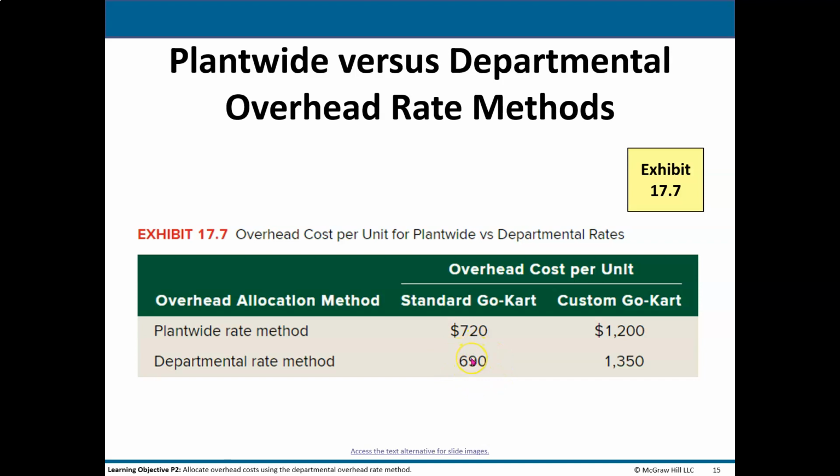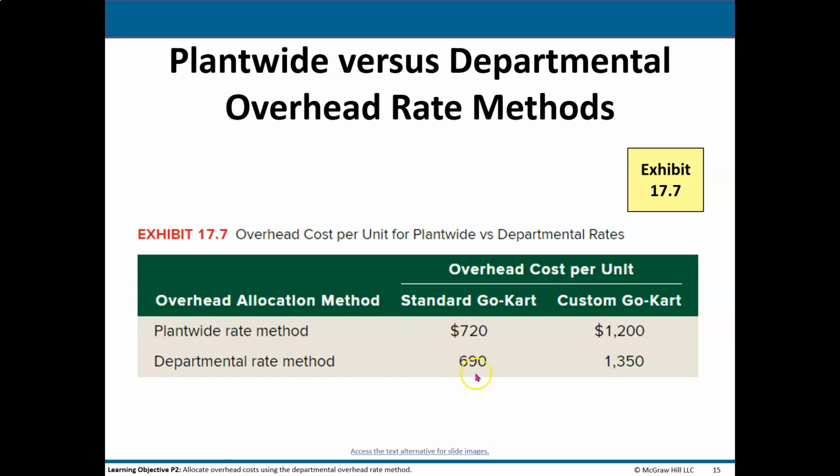It actually went down $30 here, and it went up $150 here. Now, why is that? Because we're more accurately refining the overhead costs and allocating them on a more nuanced or more refined method by using multiple allocation bases.